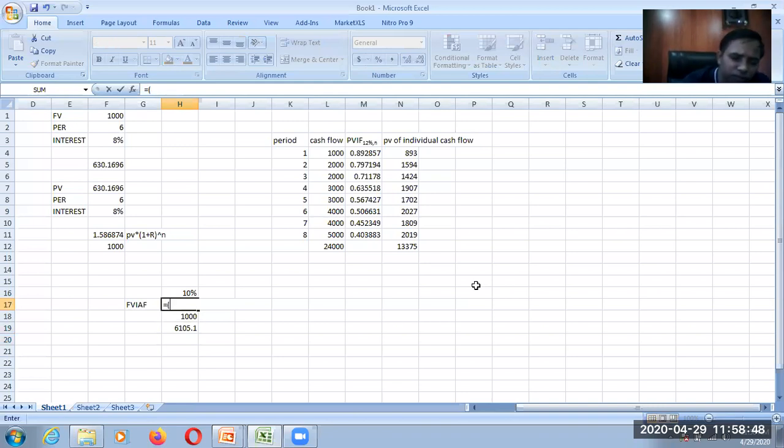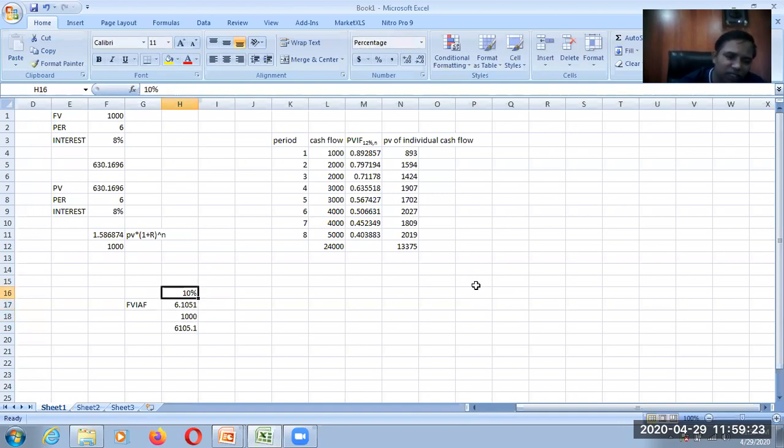So it is (1 plus R) raised to n, n is 5 here, minus 1, this whole divided by the rate of interest, that is what we had taken there as R.